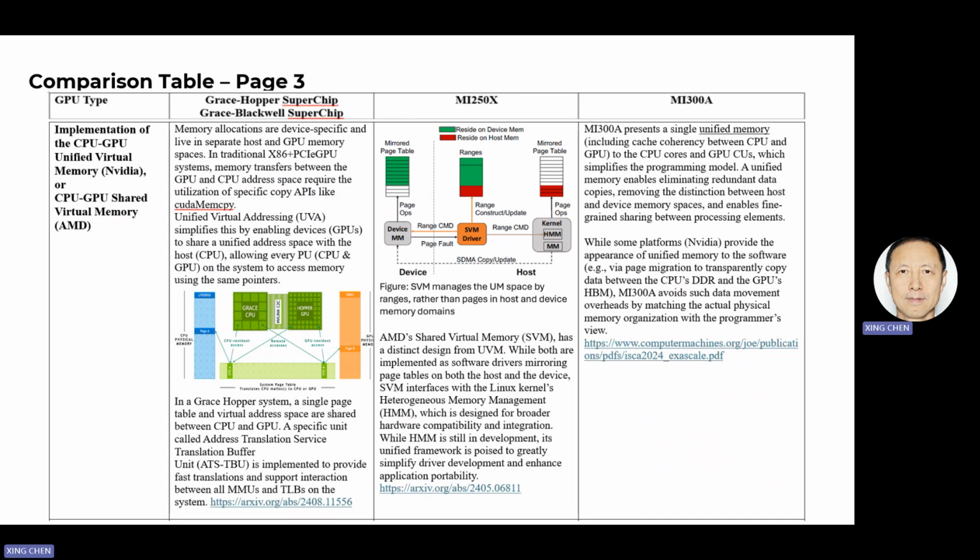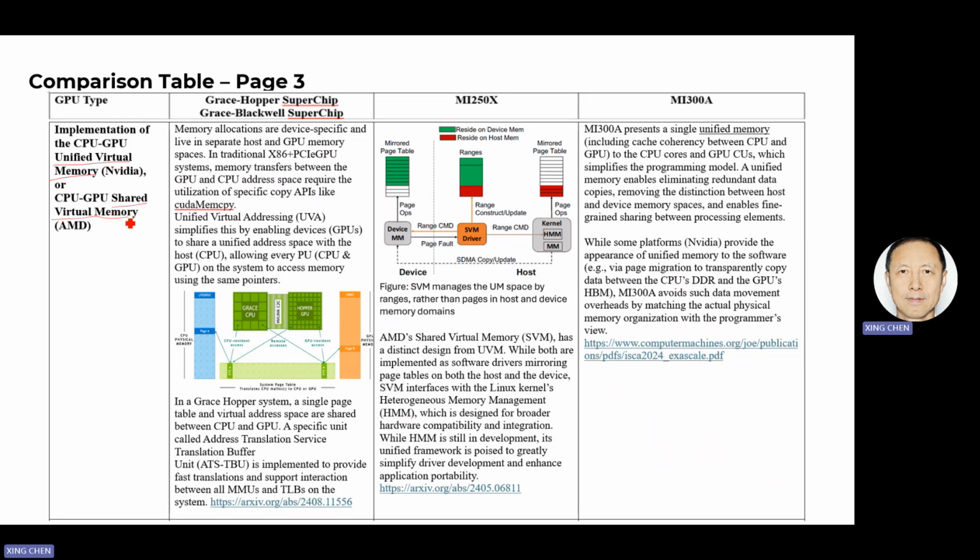Even before the MI300A APU, before the GraceHopper superchip, when the GPUs were still connected to the x86 CPU by using PCIe links, to make the programmer's life easier, we already had this kind of unified virtual memory from Nvidia and shared virtual memory from AMD.